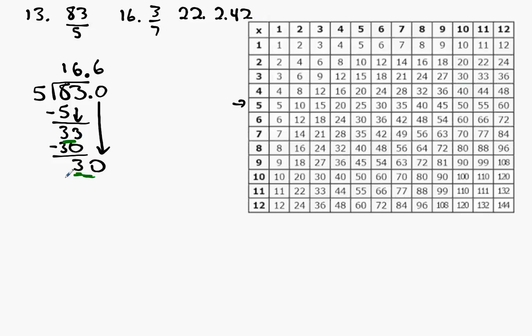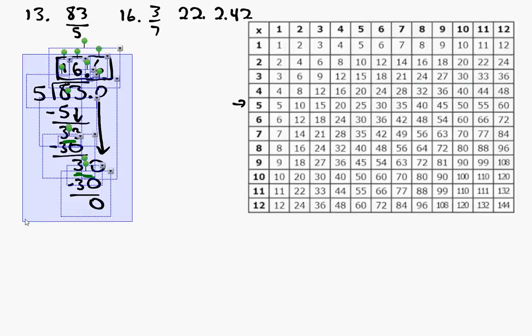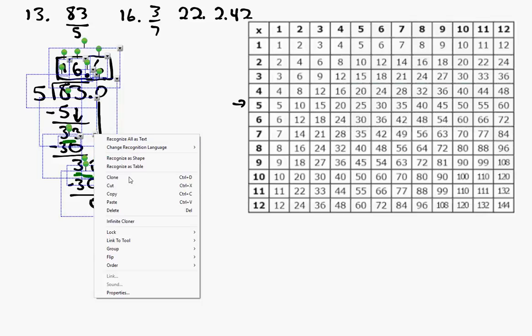So different numbers. So even though you get the same answer, doesn't necessarily mean it's repeating. 6 times 5 is going to be 30 again. This time we have nothing left over. So 83/5 is just 16.6, and that is very terminating. Okay, there's that one. Not too bad. Let's put these together and then make them a little smaller so we can move them out of the way.